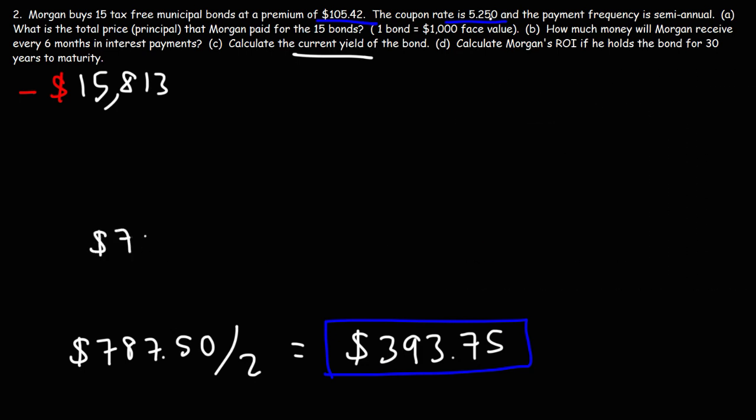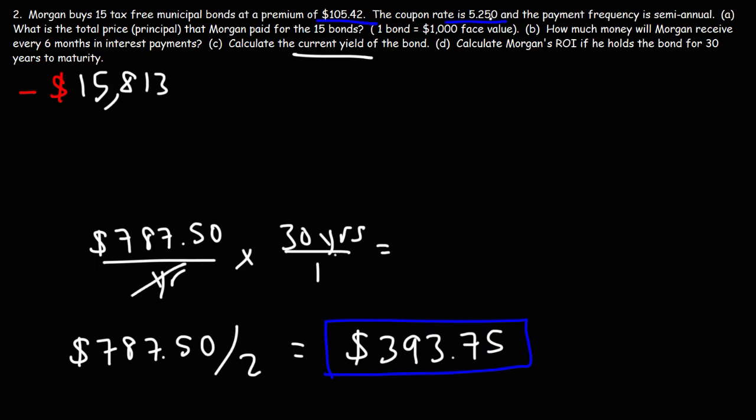Every year he's going to receive $787.50, and this is going to be for 30 years, assuming that the municipality doesn't default on the bond. And so he's going to receive $23,625 in interest payments.